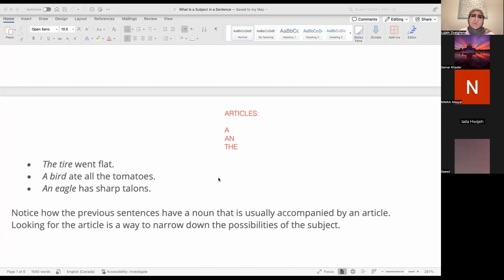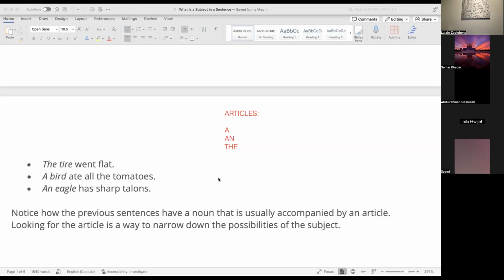Can I use them with plural? The can go with both singular and plural. Can you give me an example using that? The boy, the children, correct.